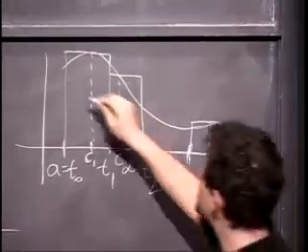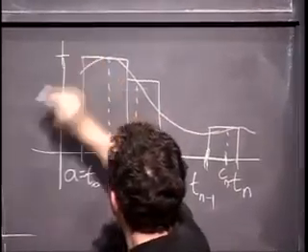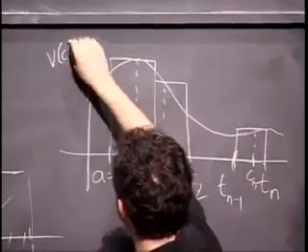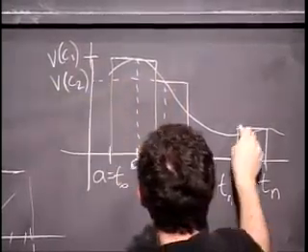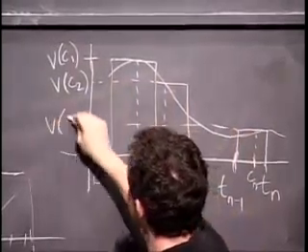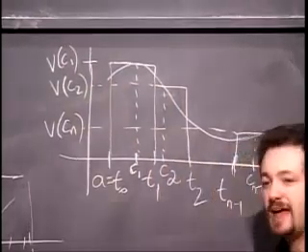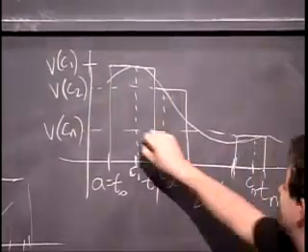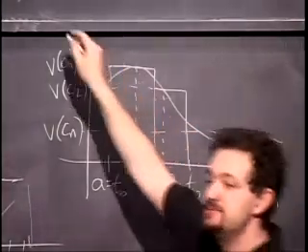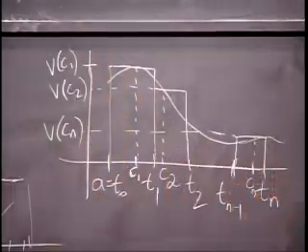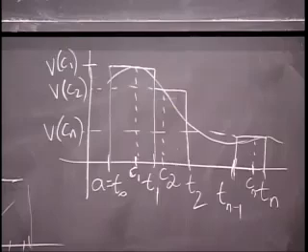So what are these speeds? This is v of c1, this is v of c2, and so on up to v of cn. The formula for the approximate distance is exactly the same as before, except that instead of the vj's, I use v of cj.